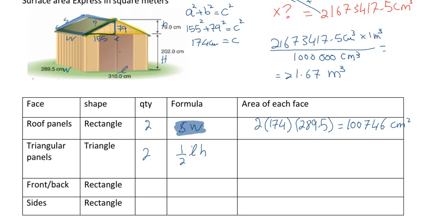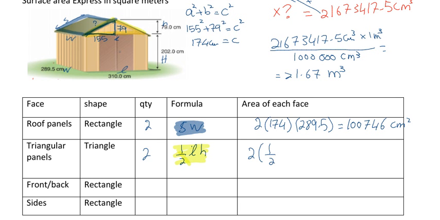So if I'm entering my formula, I have 2 of them, so it's going to be 2 times this. The length is 310, and the small height is 79, which is the height of the triangle.